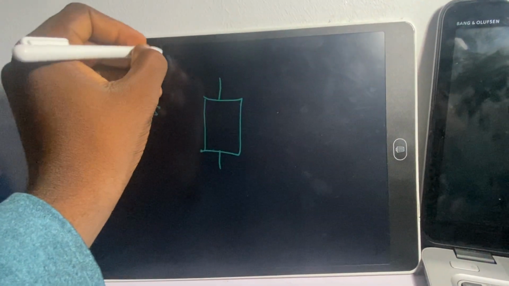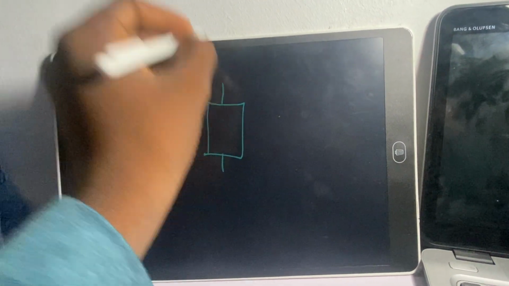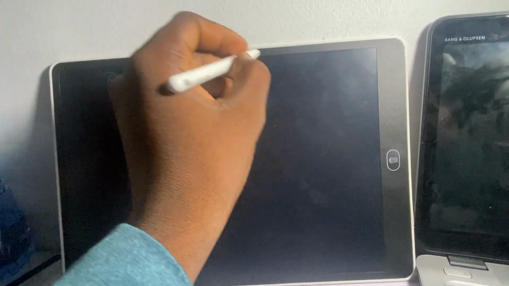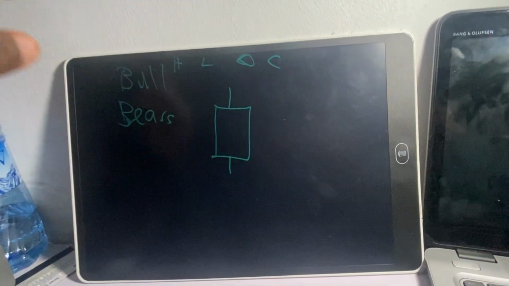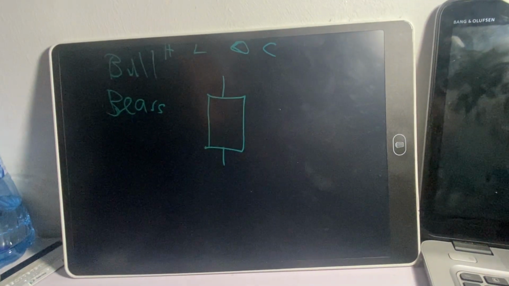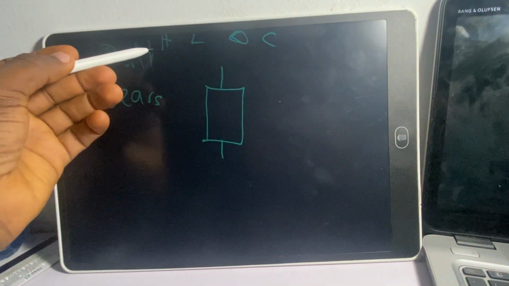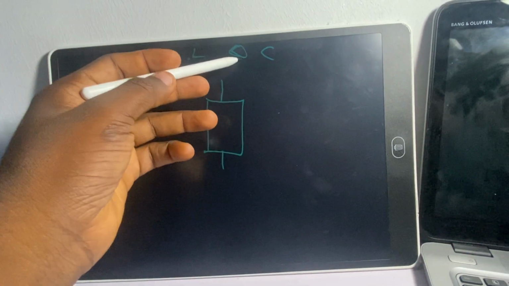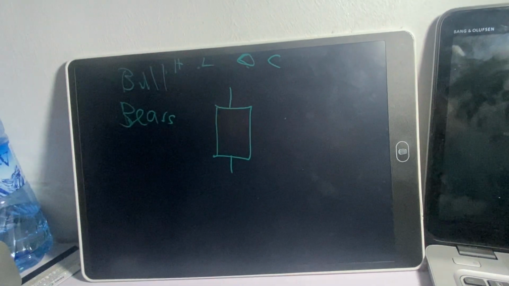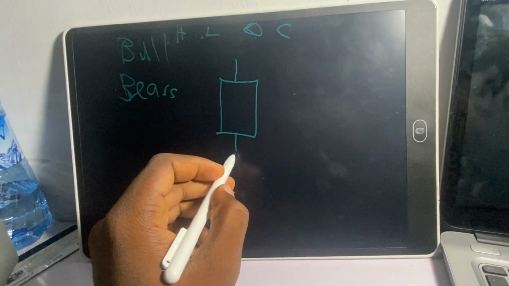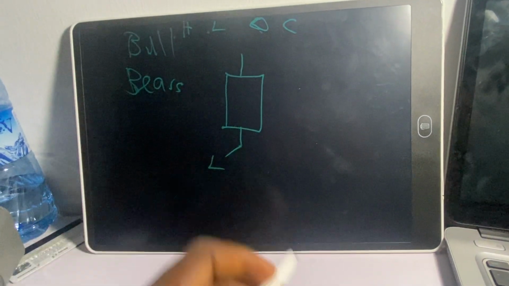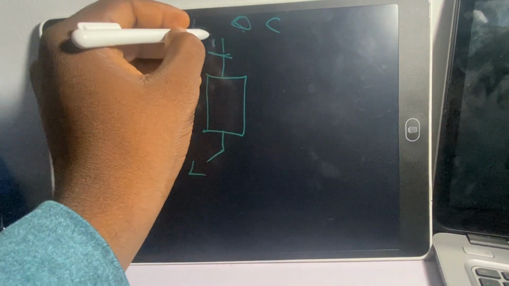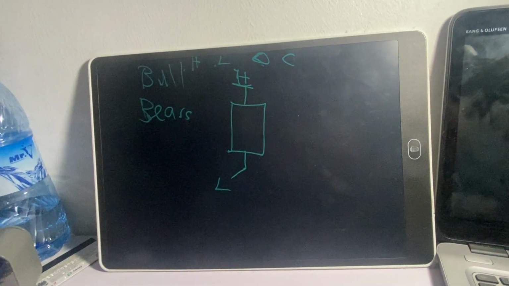You will see something like this: the high, the low, the open, and the close. It might not be arranged this way, but these four will definitely be there. Now, obviously, this is the low of every candlestick, and this place is the high of every candlestick.